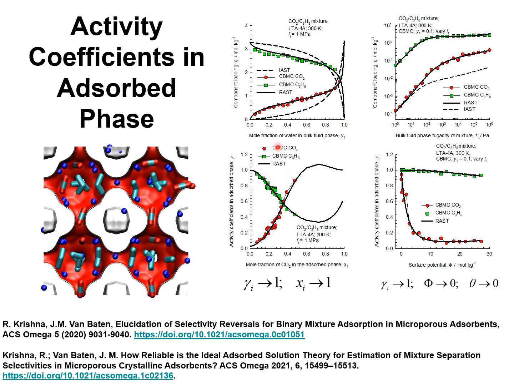From the CBMC simulated data, we can back-calculate the activity coefficients in the adsorbed phase, and these are plotted here, where the red circles are for CO2 and the green squares are for propane. These activity coefficients are plotted against the mole fraction of CO2 in the adsorbed phase mixture.